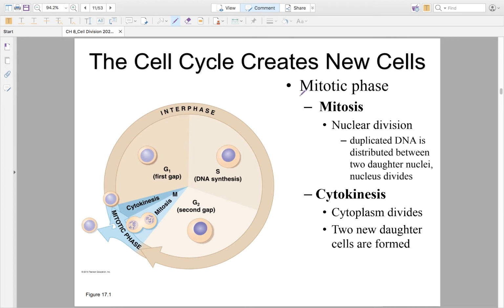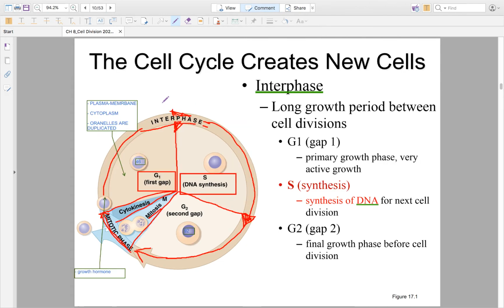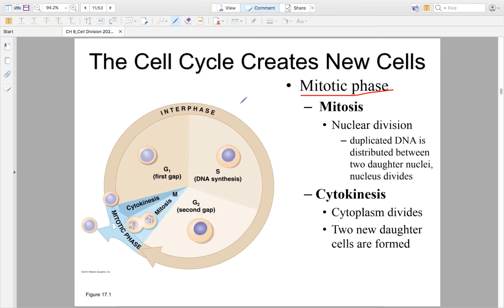The mitotic phase is 2 parts. Actually, really quick, let me just make this even more clear. If I asked you how many phases the cell cycle has, you would tell me it has 2 parts: interphase is number 1, and the mitotic phase is number 2.